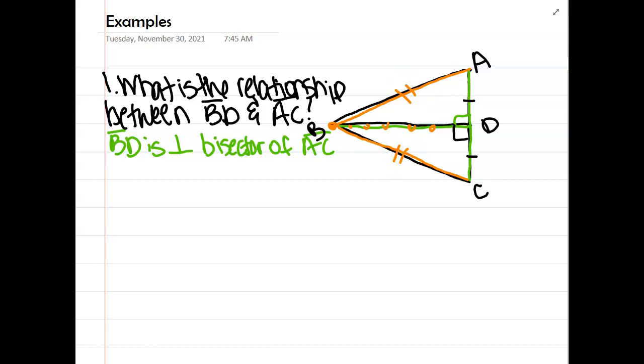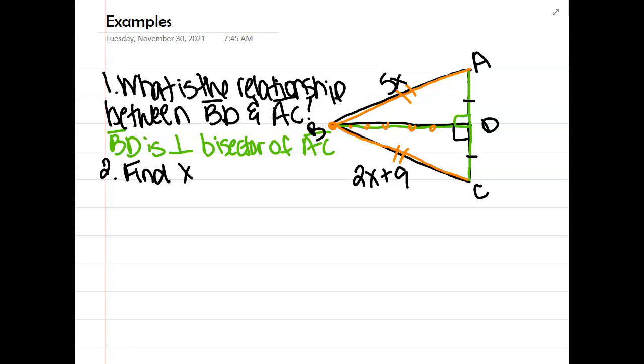Now, to go a step further with this, other information they're going to give you right off the bat, but I'm not going to do that because I want us to think and use our brains. If this side is 5x, then this bottom side is 2x plus 9. Number 2, let's find x.